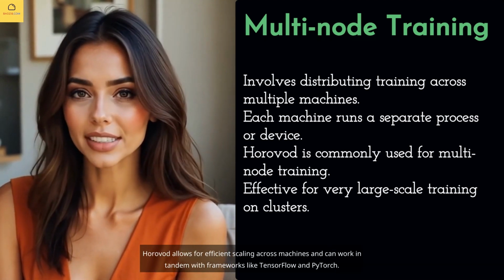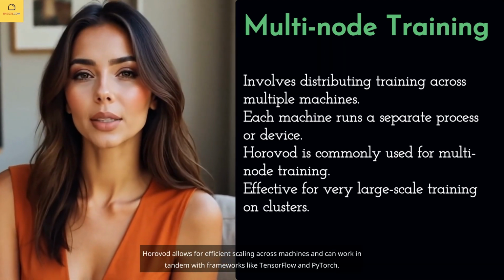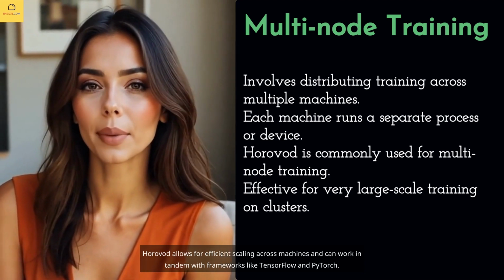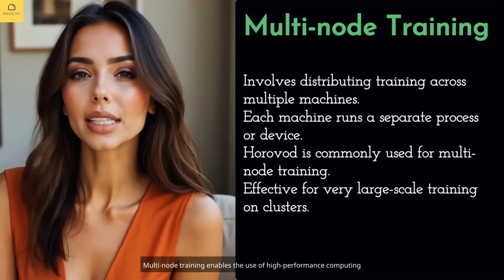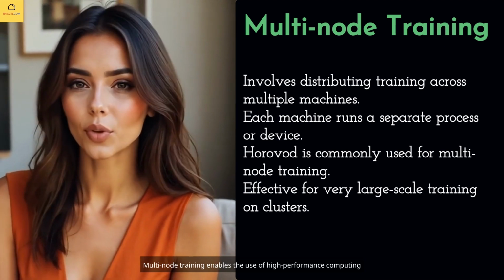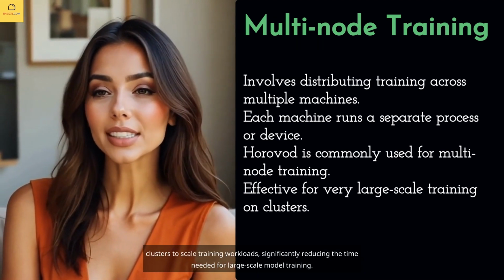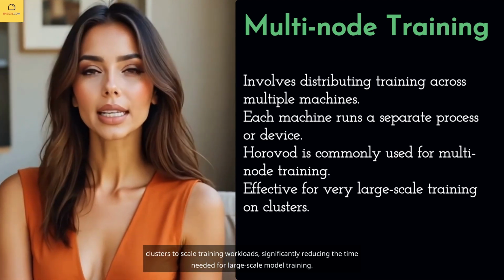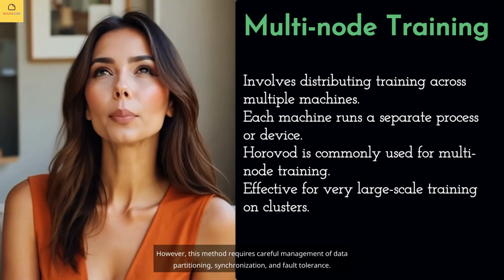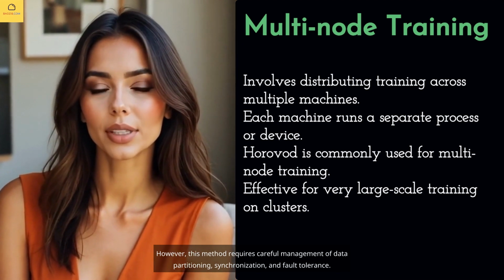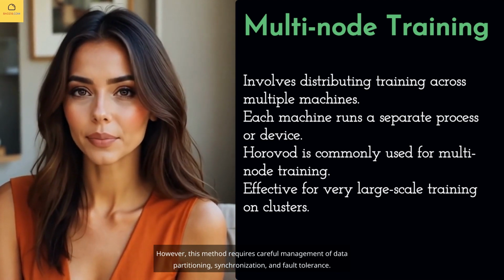Horovod allows for efficient scaling across machines and can work in tandem with frameworks like TensorFlow and PyTorch. Multi-node training enables the use of high-performance computing clusters to scale training workloads, significantly reducing the time needed for large-scale model training. However, this method requires careful management of data partitioning, synchronization, and fault tolerance.